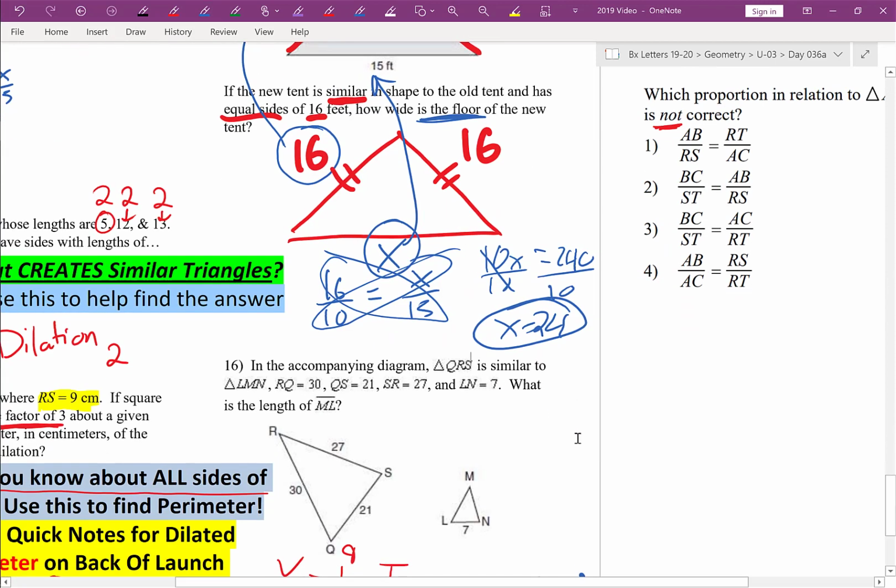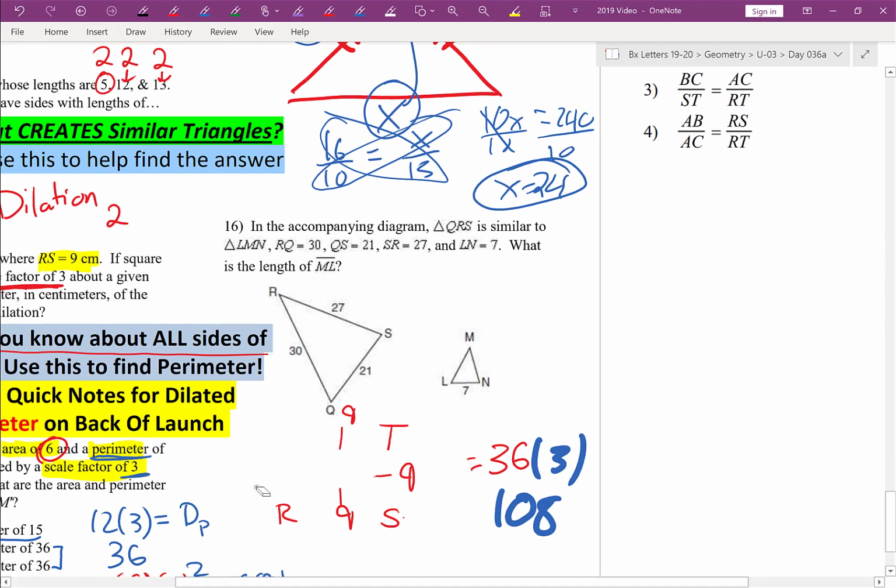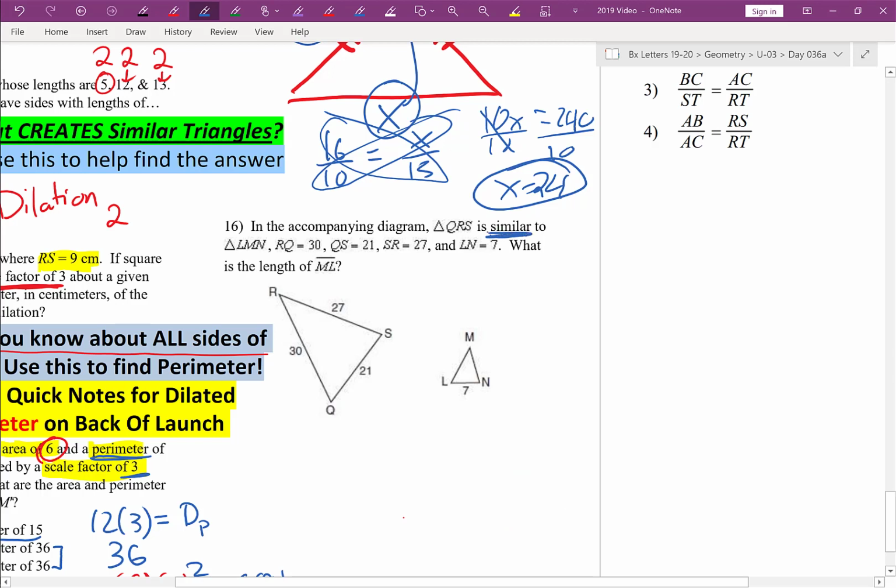Boom. And then in the last one, they tell us the triangles are similar, and they give us a bunch of stuff. The trick to this is matching up Q with L. Right? These are the same. Matching up R with M, and then matching up N with S. Okay, and you can kind of just visualize it.